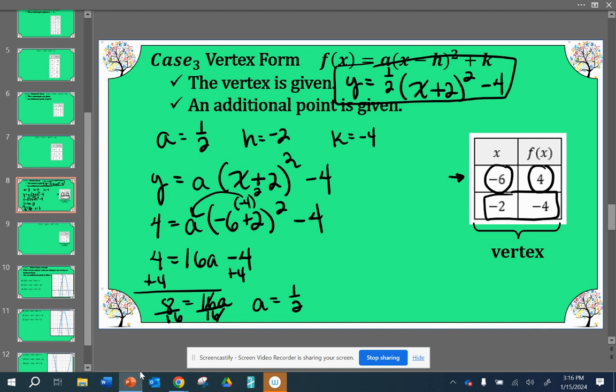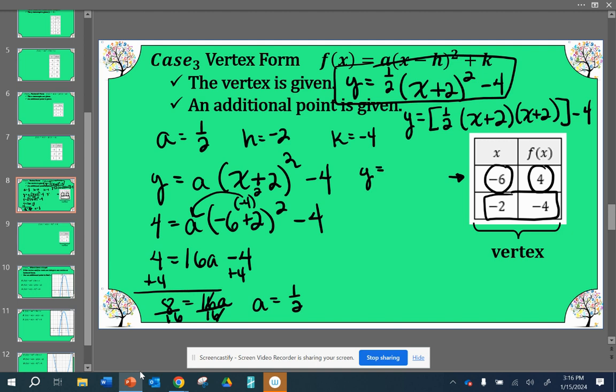we will apply the order of operations. y equals, we're going to have 1/2 times x plus 2 times x plus 2, and then we have minus 4 at the end. So using brackets reminds us to multiply the binomials and then distribute 1/2, and then at the very end we will subtract 4.